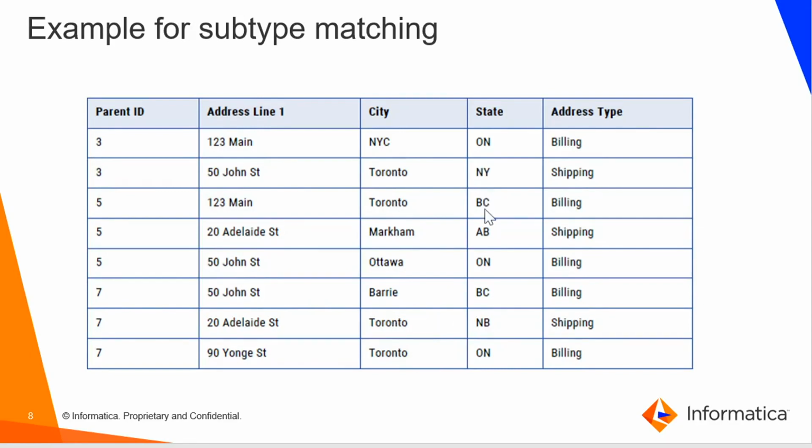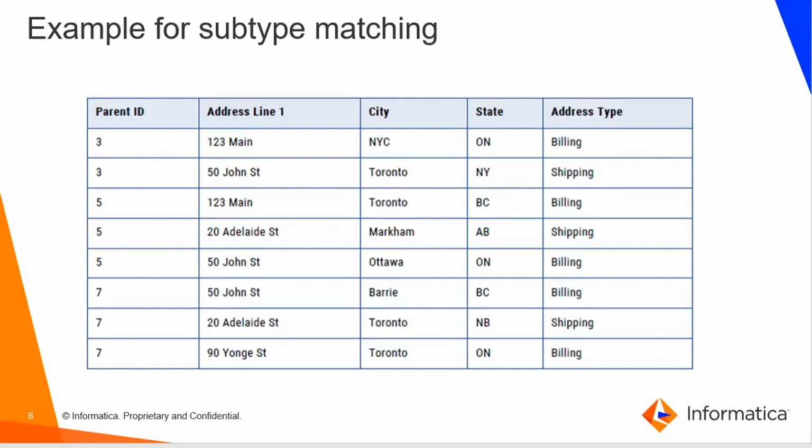And here, ON matches with ON. So, 3 matches with 7 as well, because we did not configure the subtype match. Even if address type was distributed against billing and shipping, parent ID 3 matched with 5 and 7.